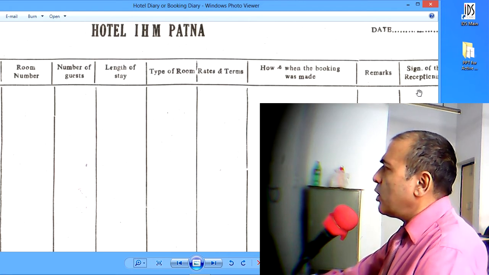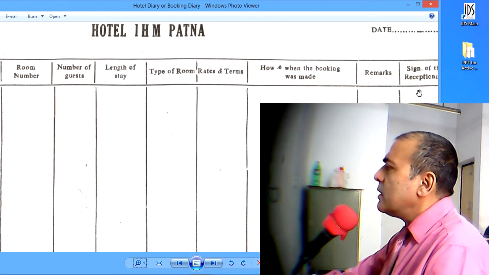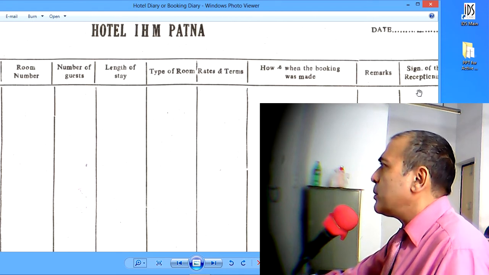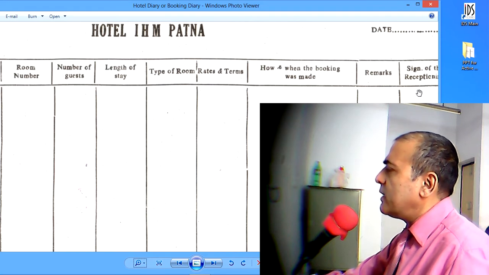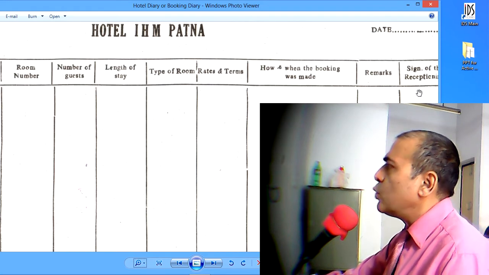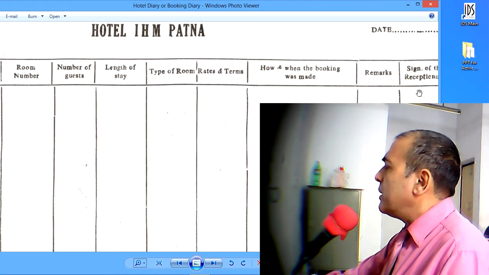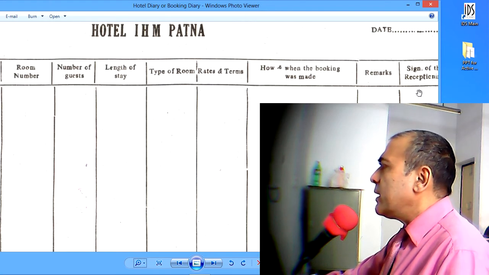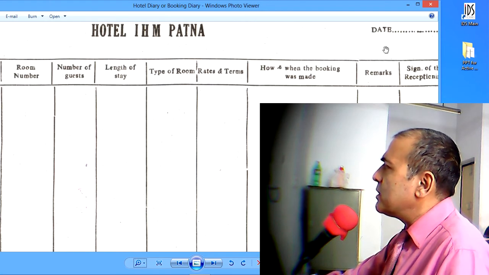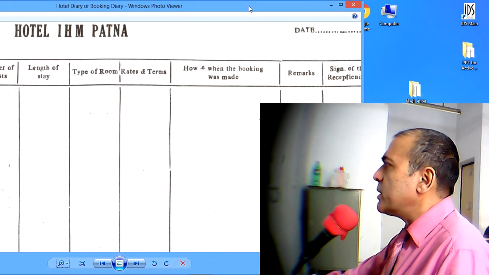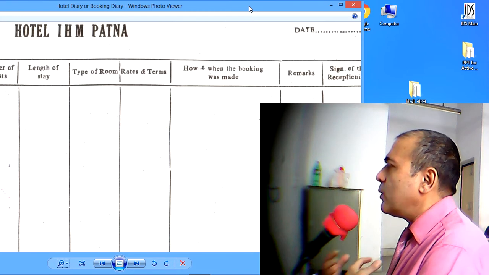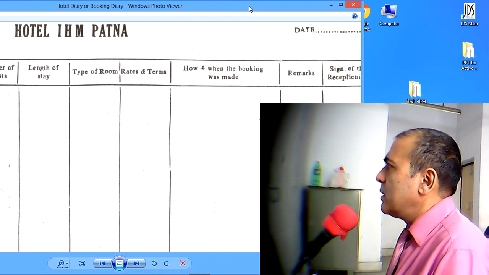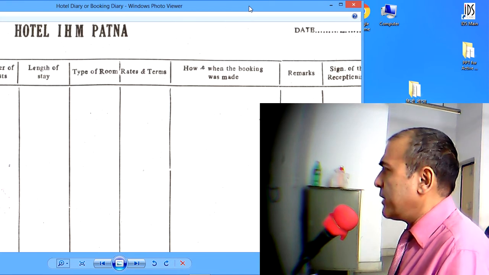When you sign a document, when you sign a record, you are actually accepting responsibility that this data, this fact that is recorded here, is true, is genuine. And if anything goes wrong, then the person who has made this reservation should be ready to explain and describe why any problem occurred in this reservation.